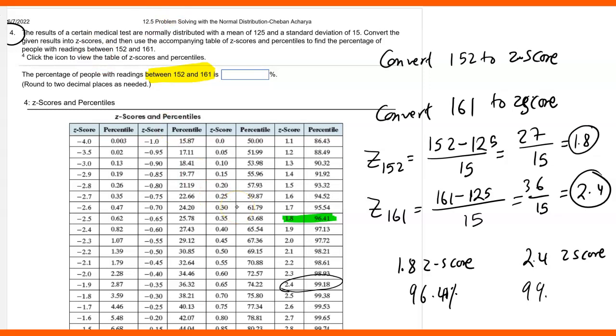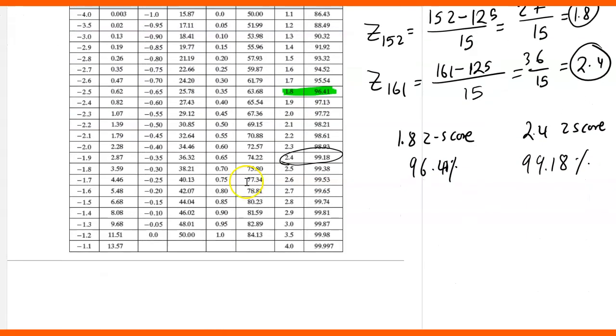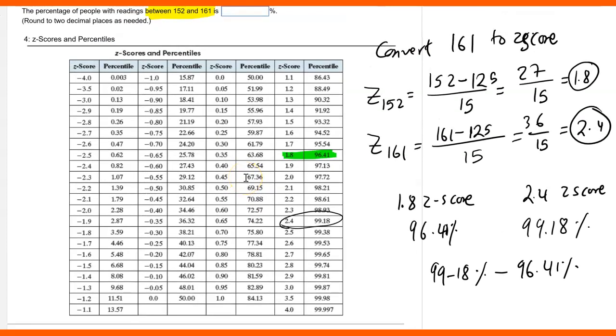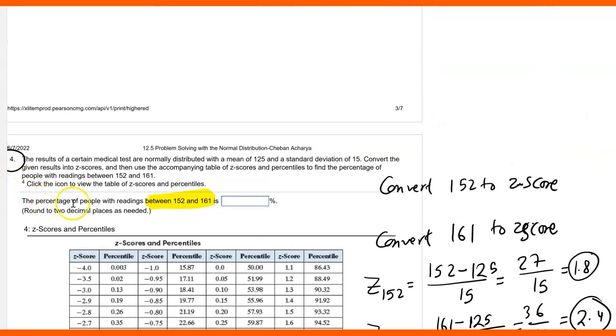If you subtract these two numbers, 99.18 percent minus 96.41 percent, the difference is going to be 2.77. Therefore the percentage of people with a reading between 152 and 161 is 2.77. That's what you do.